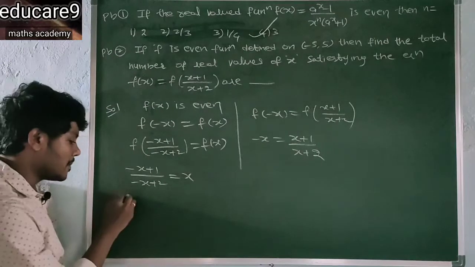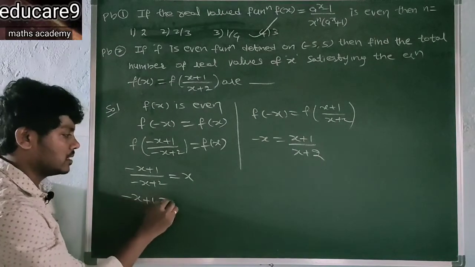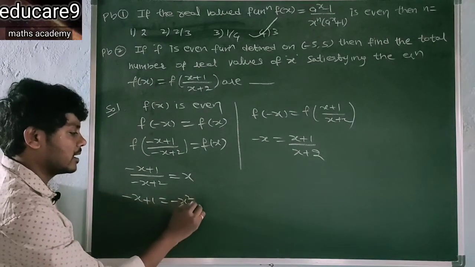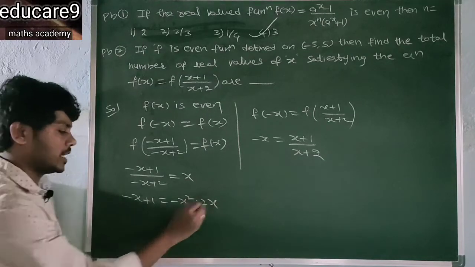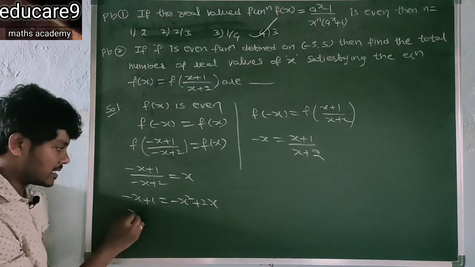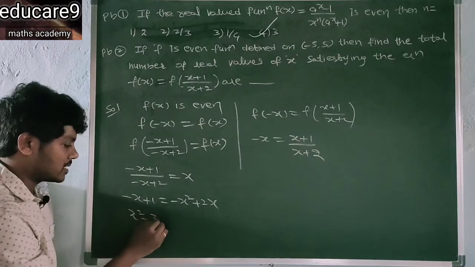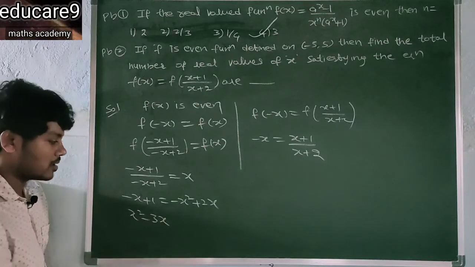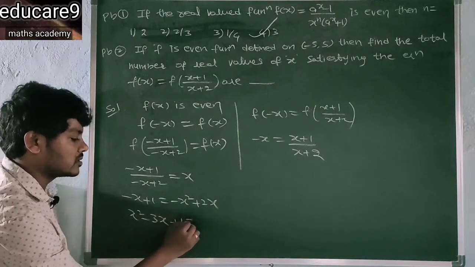Now this is minus x plus 1. This is minus x square plus 2x. So clearly this is x square minus 3x plus 1 equals 0.